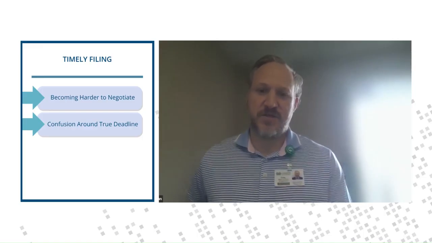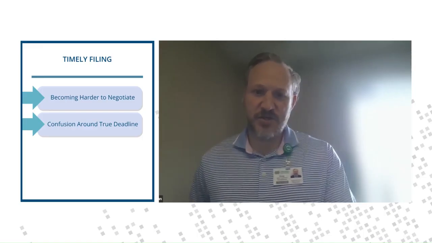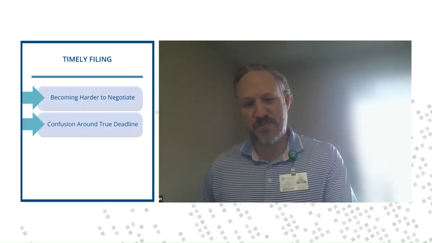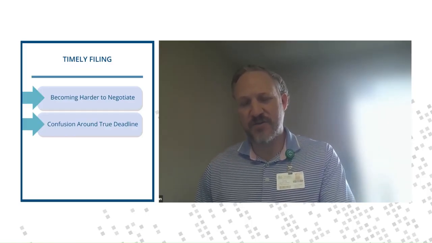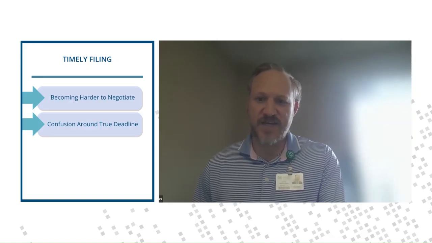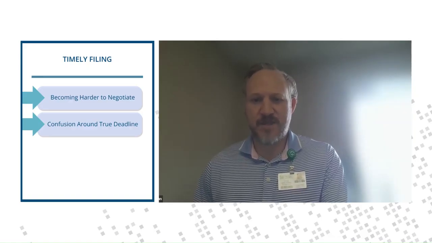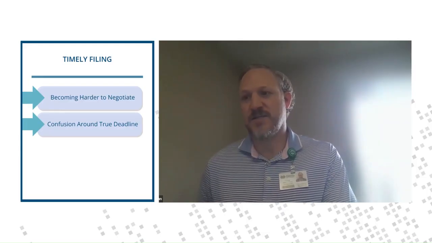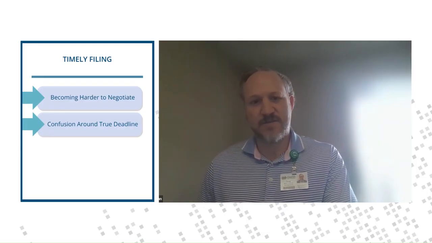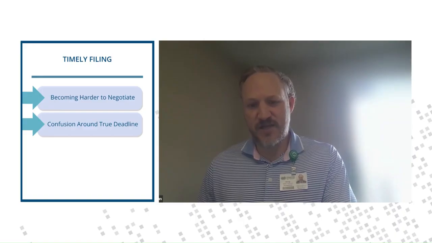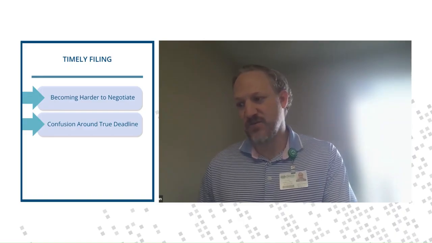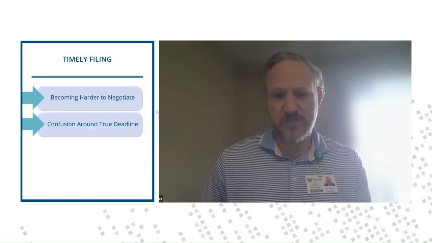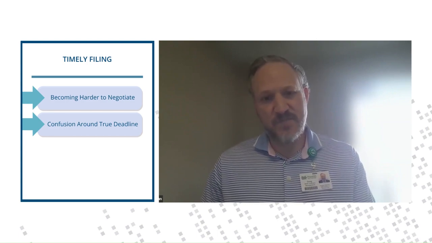We've definitely seen challenges there, where you might have previously been able to regularly get 365 days. In a lot of cases now you're pushing 180 as a standard, and a lot of times you're even looking at less than that, or at least starting from a negotiating point a lot less than 180.